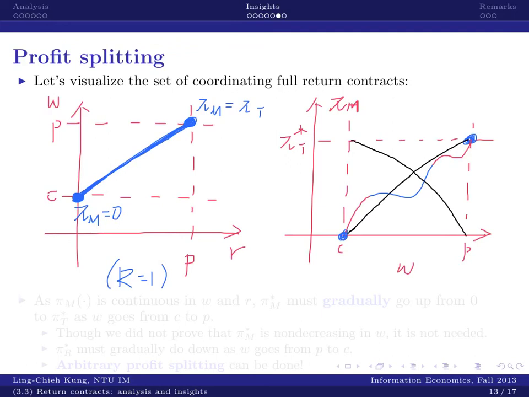The implication here is that there is always a way to achieve arbitrary profit splitting. You may ask for any number, for example 0.3 or 0.5, and there is always a way to achieve that particular split.